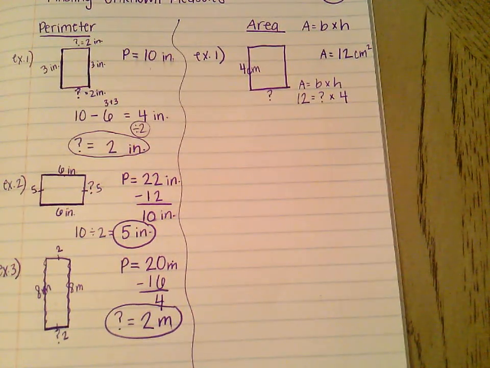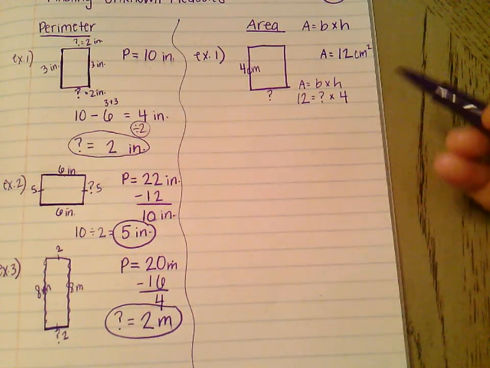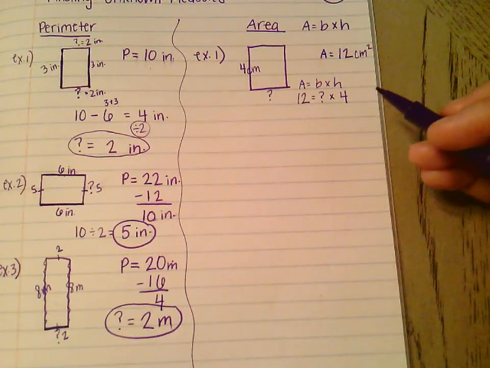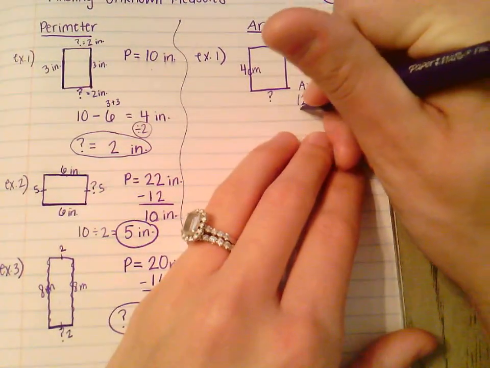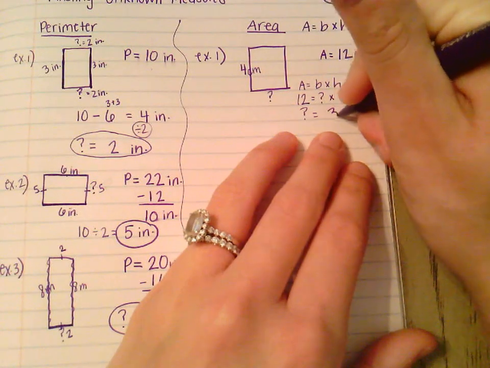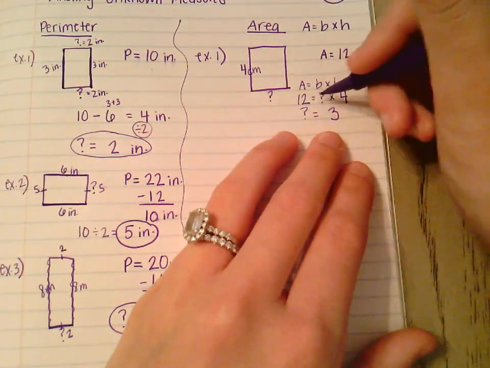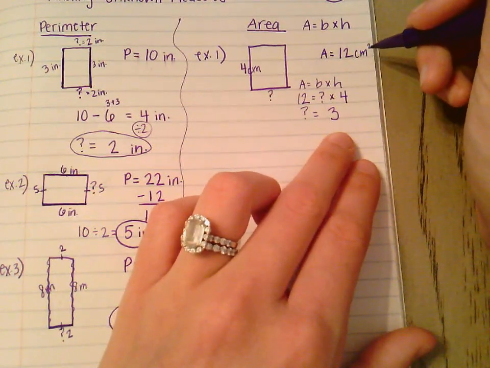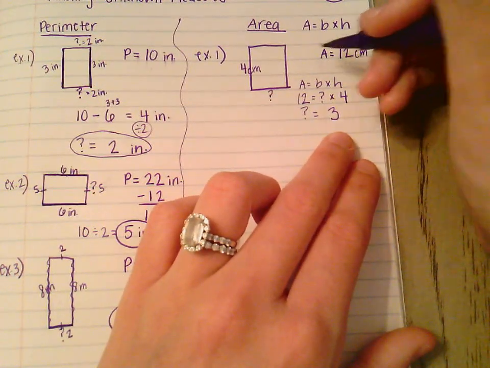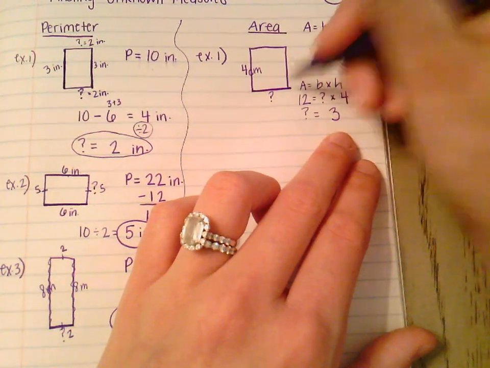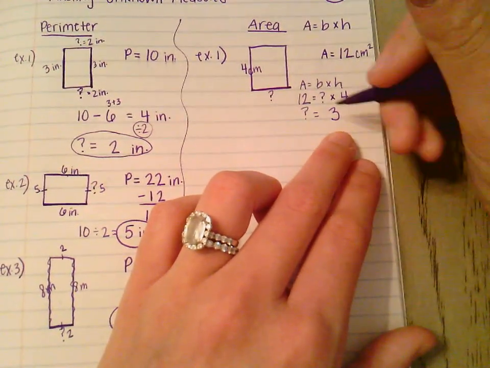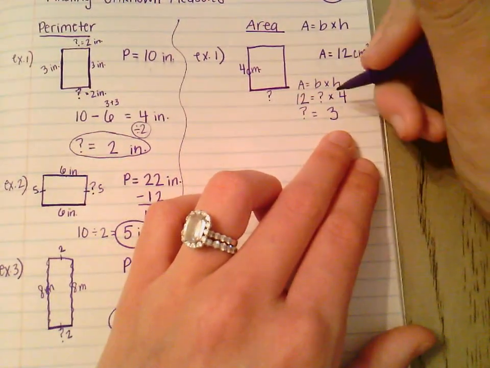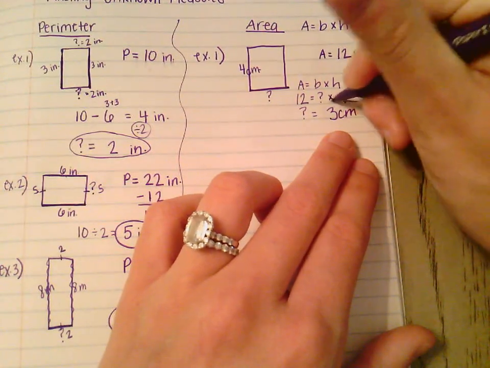And now I can see, well, this can become a division problem, or I can just do it in my head if I know the multiplication fact. The question mark is going to equal 3 because 12 equals 3 times 4. And with the units, I don't have to square it unless it's the total area. I'm just trying to come up with the length of this base. So it's going to be centimeters. 3 centimeters.